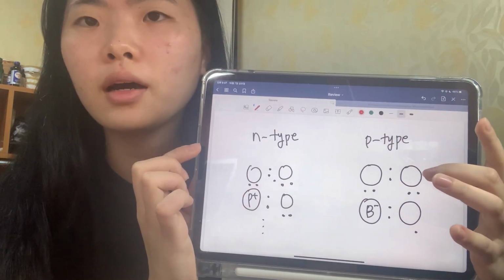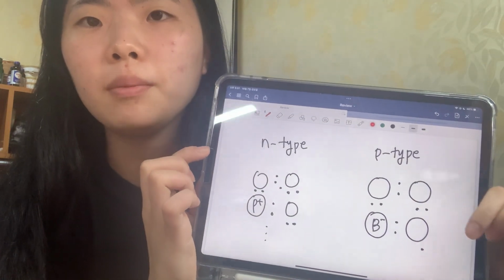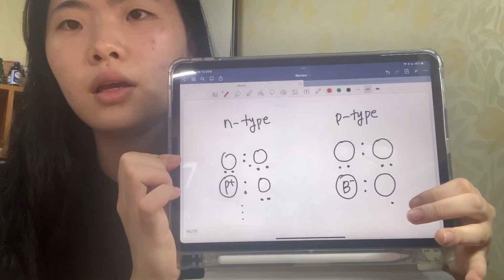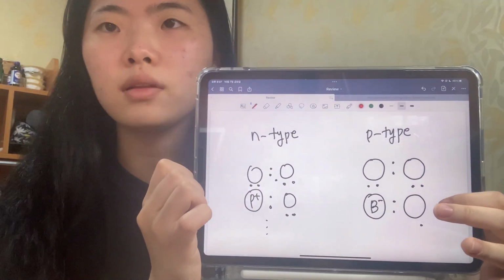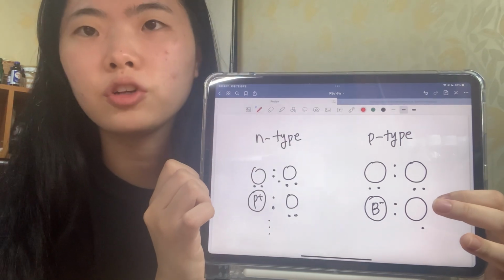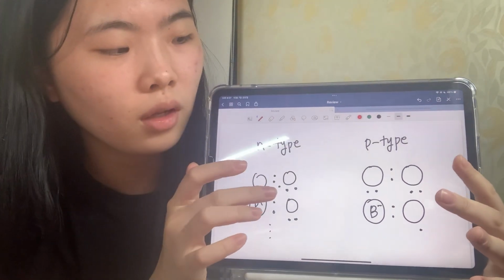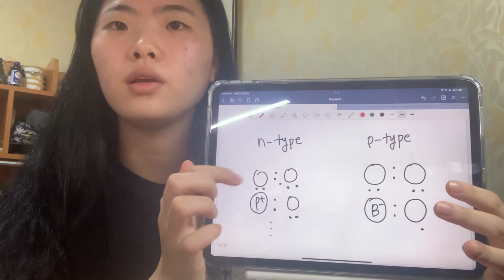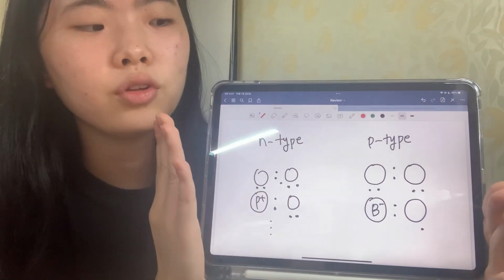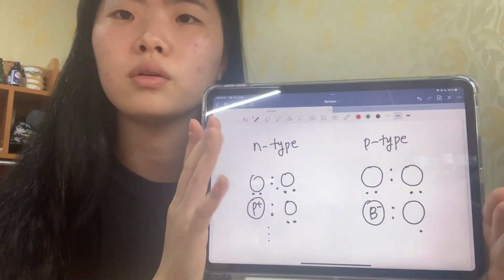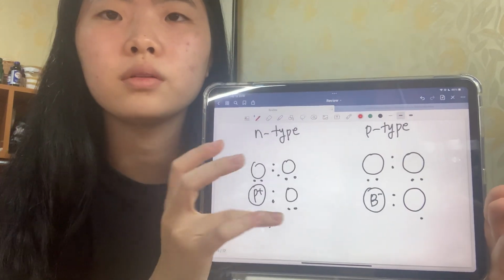However, in P-type, there is an empty place, so this semiconductor acts like a positively charged ion. We use these two types of semiconductor, so we should know the concept very well.